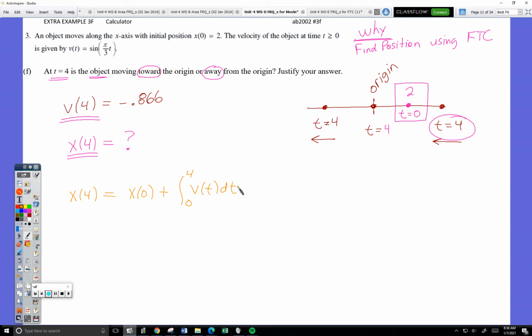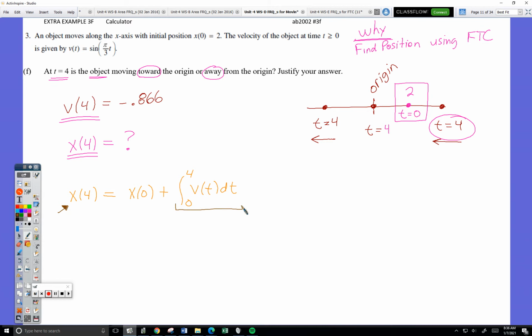So that's the why. We are creating this equation with the express purpose of finding the position of the particle at time equal 4. We learned in the buff packet that when we integrate velocity, we calculate displacement.